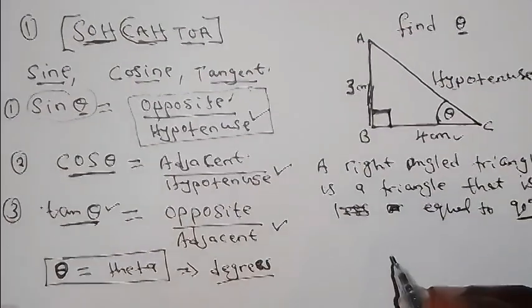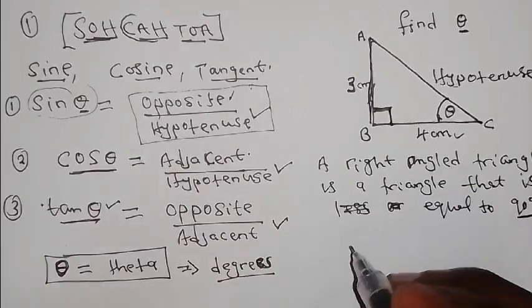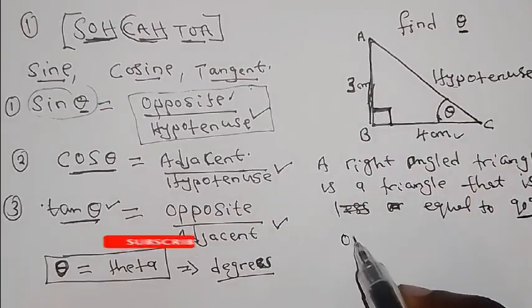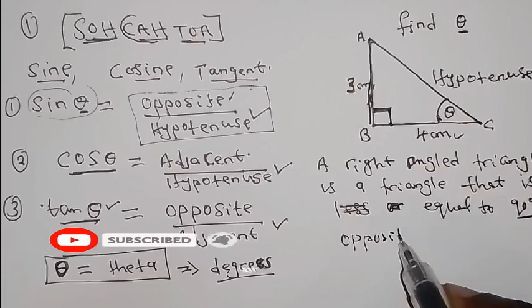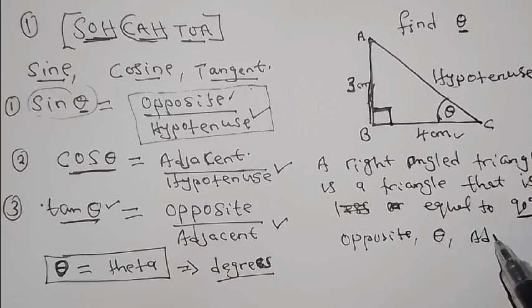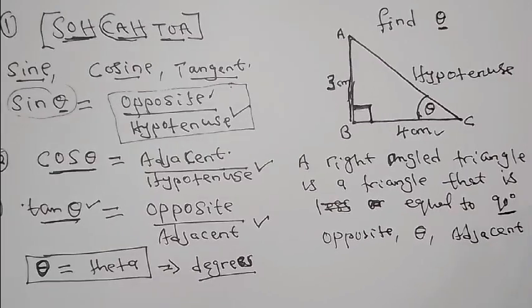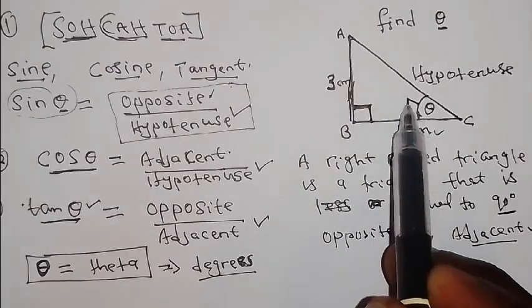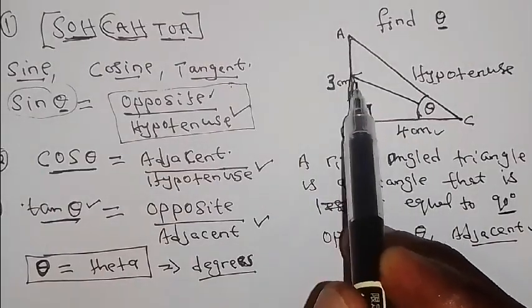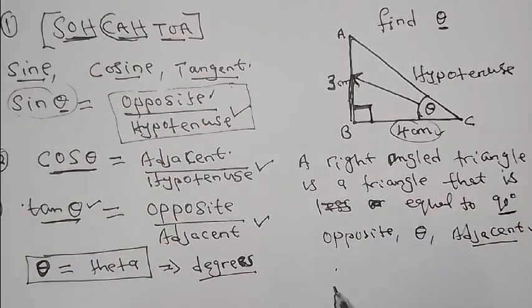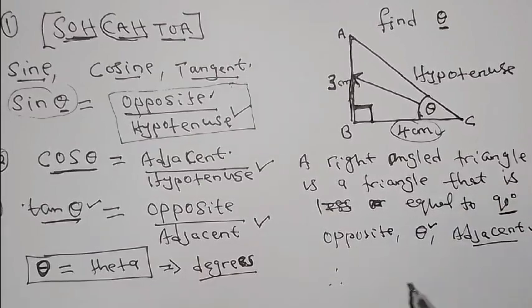This angle has the opposite side, 3, and the adjacent side. Since this is opposite, facing this side, this one is the adjacent.